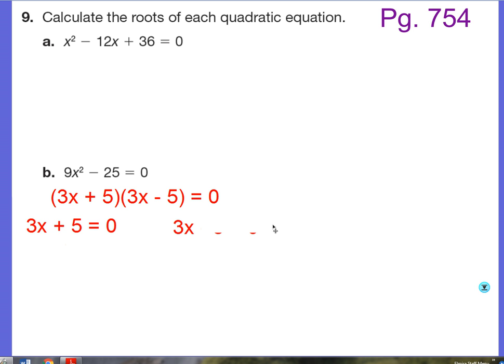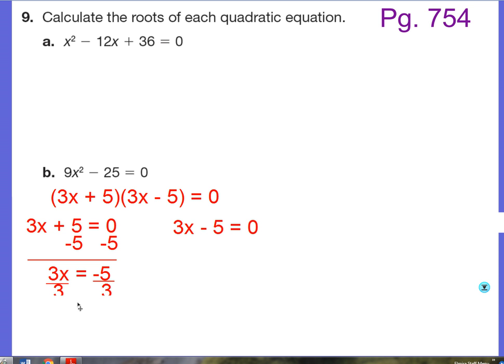I'm going to take each factor and set them equal to 0. Okay, so here I'm going to subtract 5 on both sides. And I'm going to get 3x equaling a negative 5.